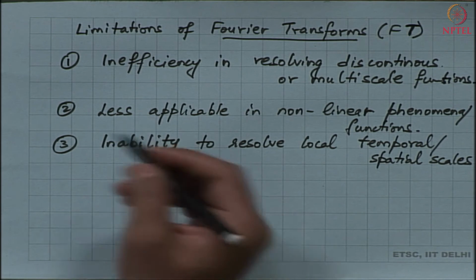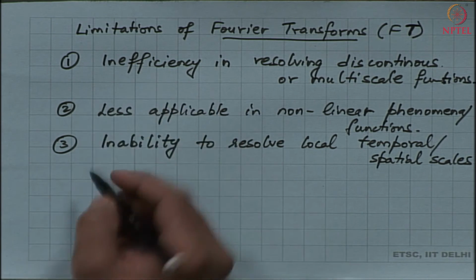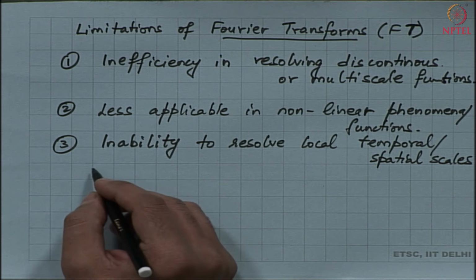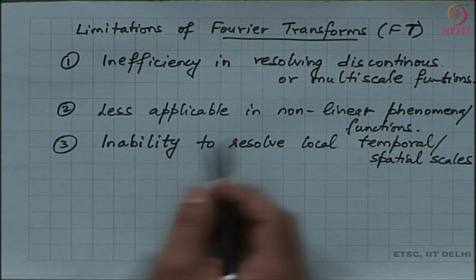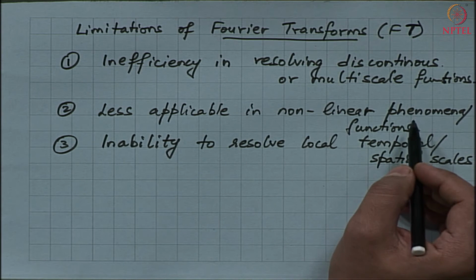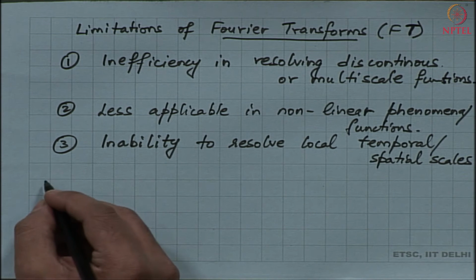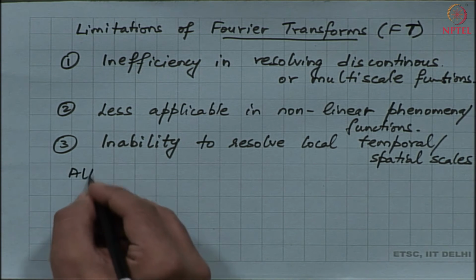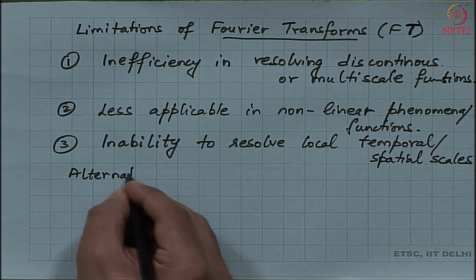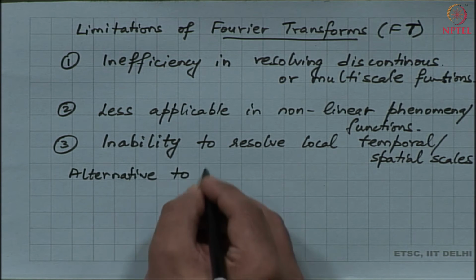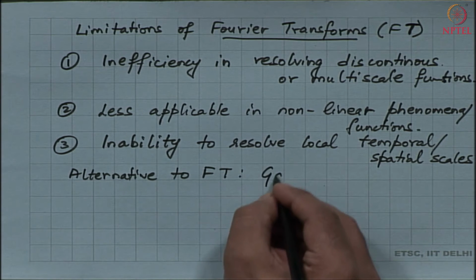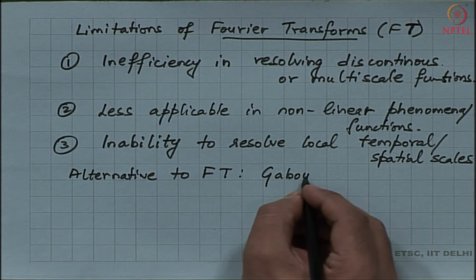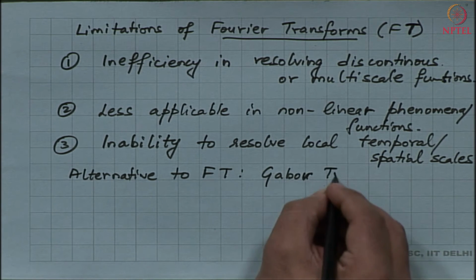So, the moment you have limitations, people start to think about better ways to accurately represent our functions or phenomena with other transforms. So, an alternative was proposed to Fourier transform, also known as the Gabor transform.